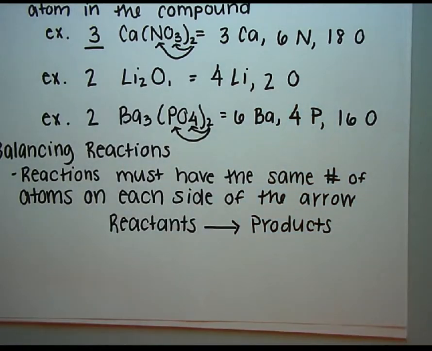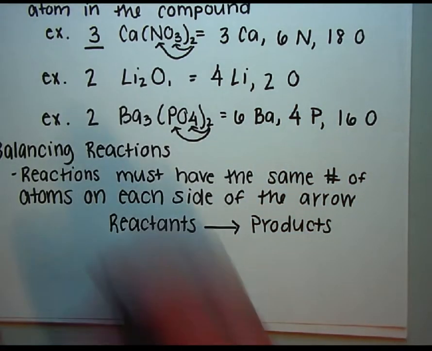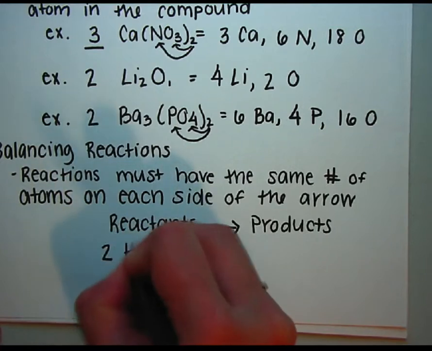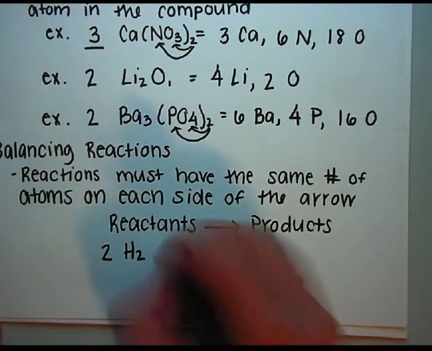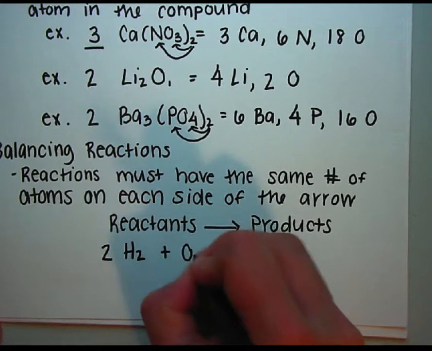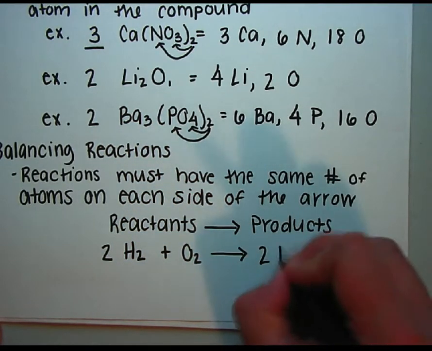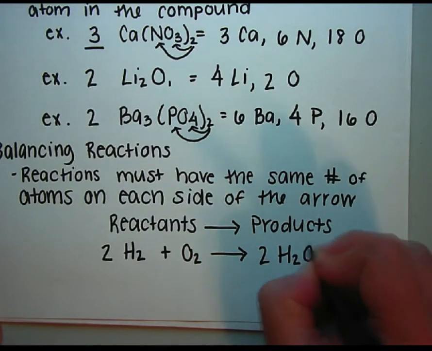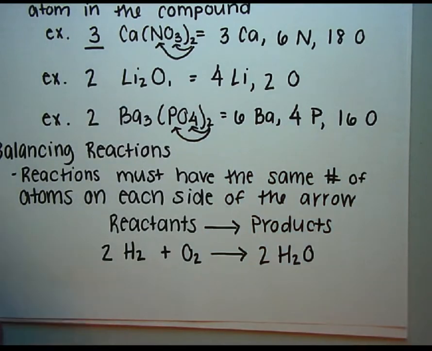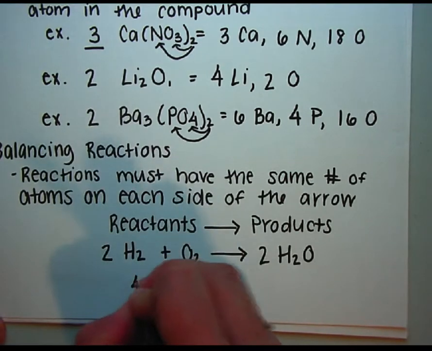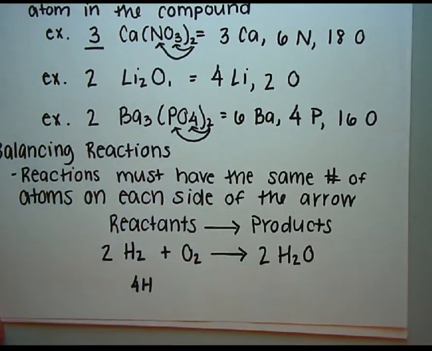An example of a balanced reaction would be 2H2 plus O2 yields 2H2O. The coefficient multiplies in. 2 times 2 gives me 4 hydrogens.